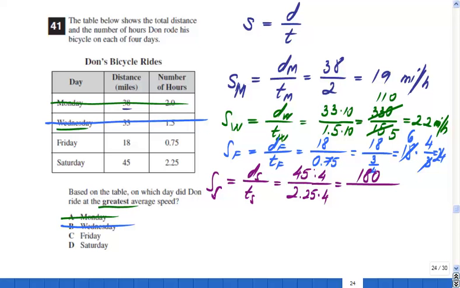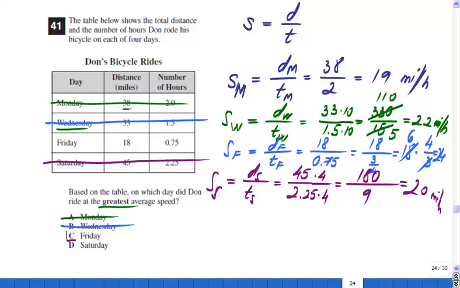If you don't believe me, 4 times 5 is 20, 4 times 4, 16, plus 2, 18. The bottom one, 2.25 times 4: 0.25 times 4 is 1, 4 times 2 is 8, 8 plus 1, 9. And now it's much easier. 9 goes in 180 20 times. Obviously, we still have miles per hour. That's the unit. And no, this is not the greatest one.